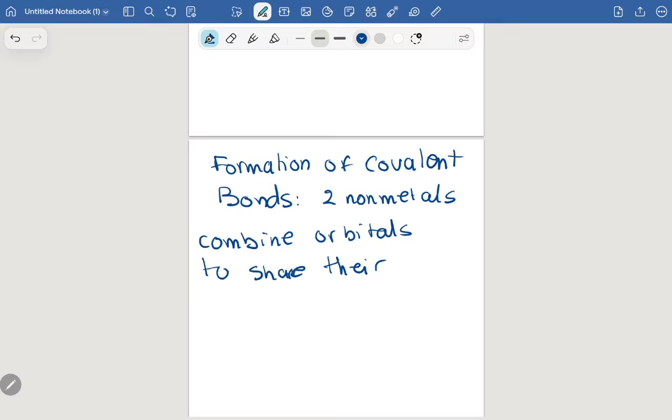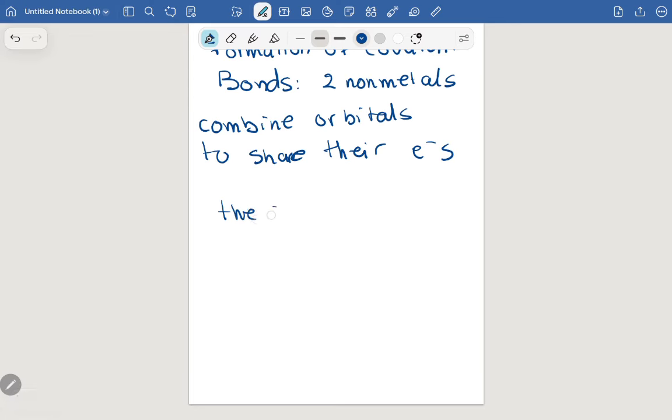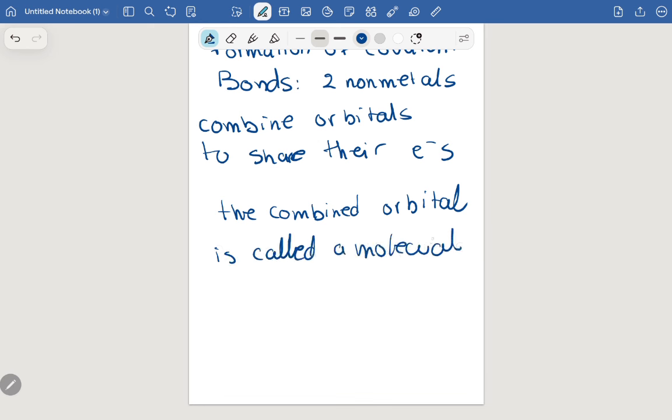The combined orbital is called a molecular orbital. Perfect.